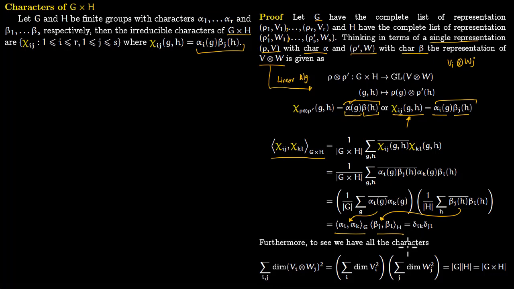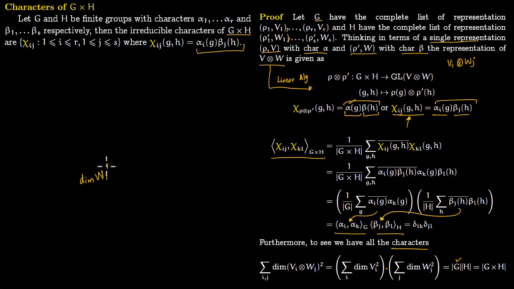So now further, to see that you have all the characters, the dimension of this tensor space is given as the product of dimensions like this. But you know this vi corresponds to g, so the sum of dimension squares should give you the order of the group g. This is a finite group. Then the dimension of wj squared, all these dimensions added together, dimension of w1 squared plus dimension of w2 squared, all the way to dimension of ws squared.